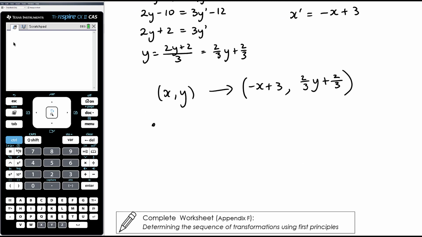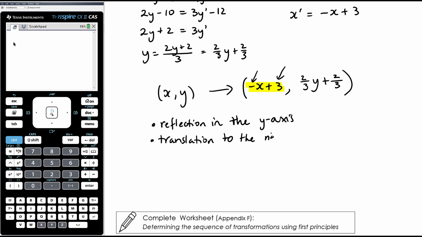Okay, so now we can list out our transformations. Focusing on the x coordinate, first of all, x has been multiplied by negative 1, so that is a reflection in the y-axis. Then we're adding 3 onto the x coordinate, so that is a translation to the right by 3 units.